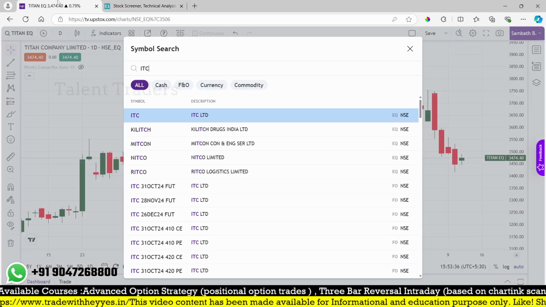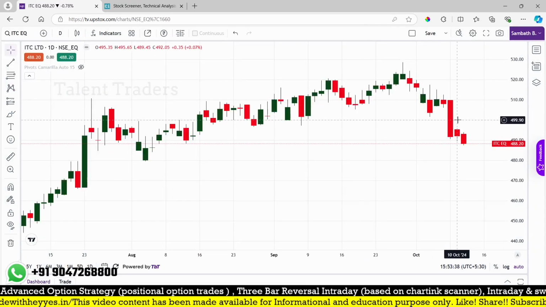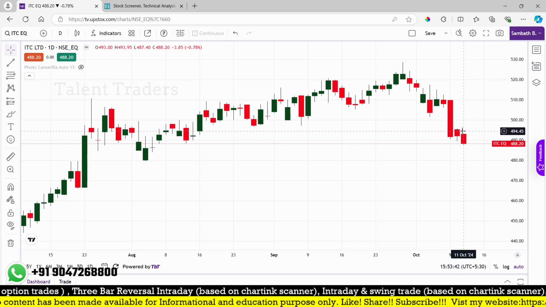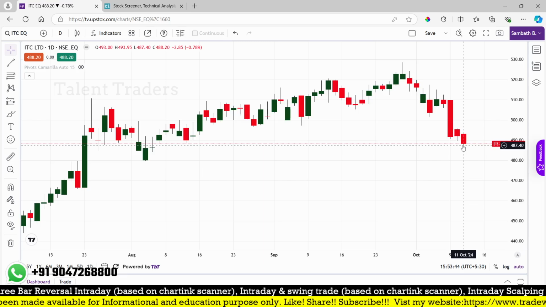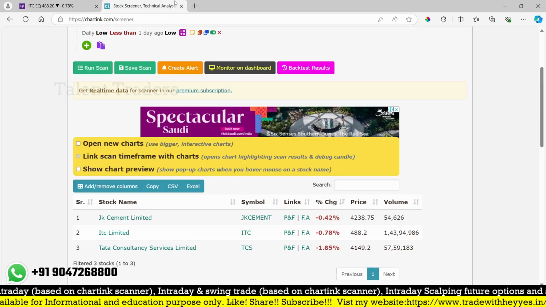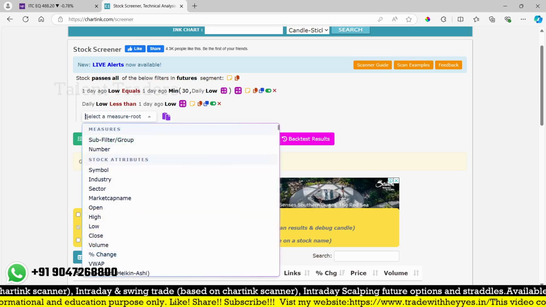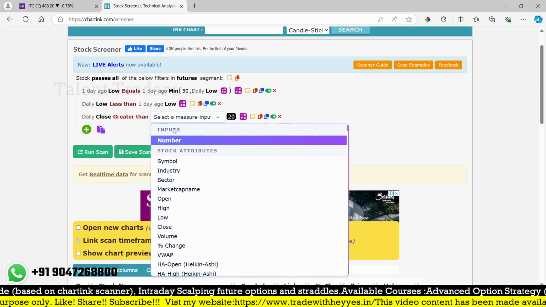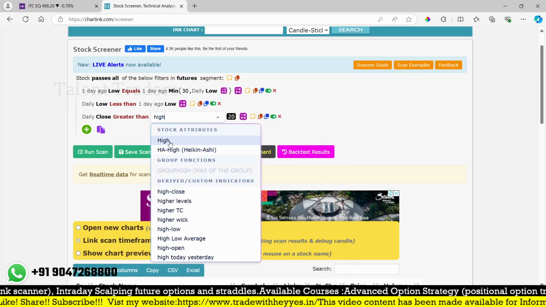If we go to ITC, yes, this is a 30 candles low, and this is also a 30 candles low. In this case we have to fetch stocks where the low is less than the previous one, but we are also adding the condition that the current day close should be greater than the previous day high. That would be very good.